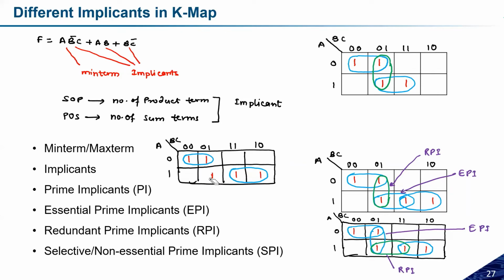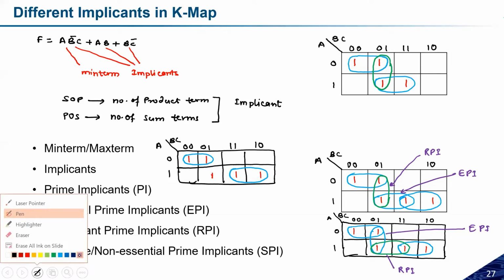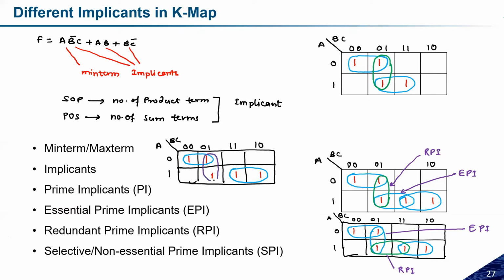The important point over here is that this pair and this pair are called selective prime implicants. These two pairs are selective prime implicants because they are not essential. Either I can use the first pair or the second pair, so these two are the selective or non-essential prime implicants.